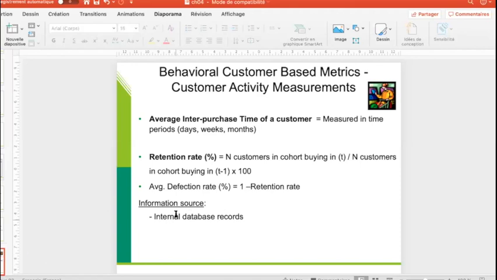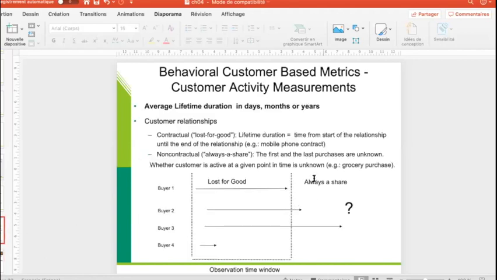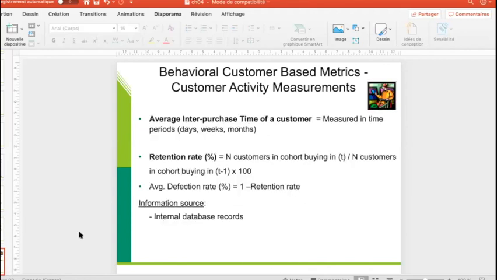Where does this information come from? From your internal customer database. You can compare exactly your database in terms of numbers from one period to another, because you can also calculate churn by month, for example. If you come back to this framework, you can see every month how many customers are here on the right side, which means customers who don't buy anymore.